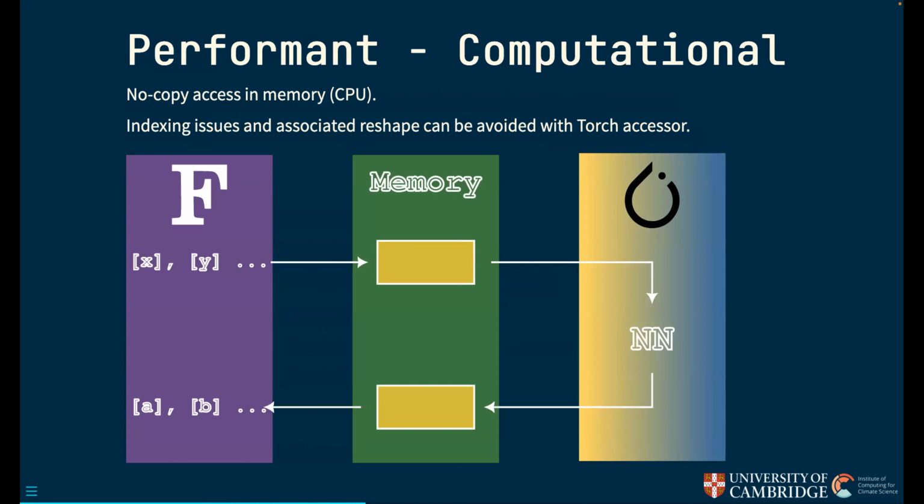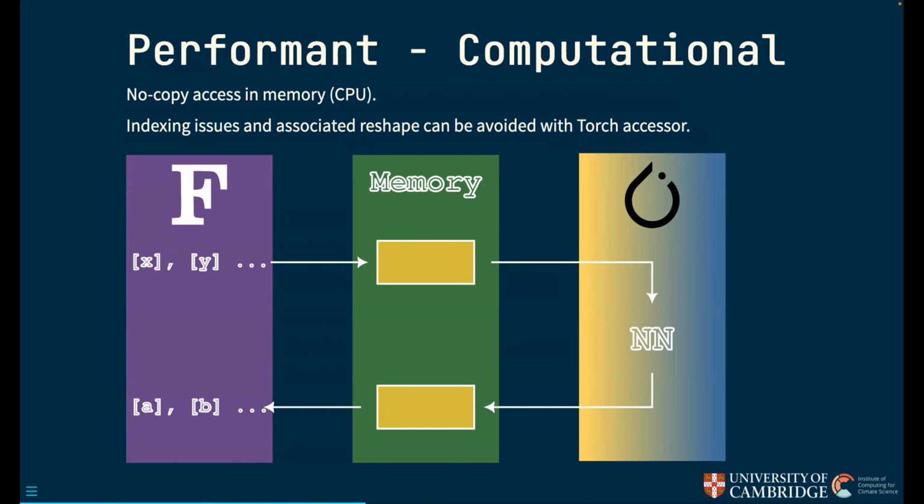So from a computational perspective, one nice thing about this approach is that we can do this with no-copy access in memory. We know that within HPC, or within computing, one of the most expensive operations you can do is data transfer or data copying.